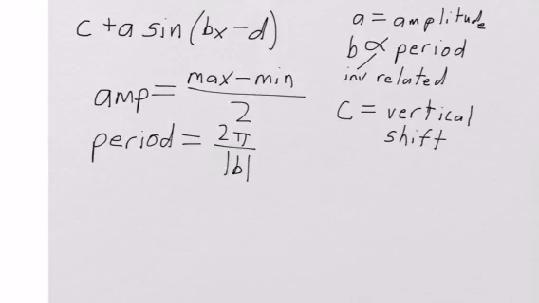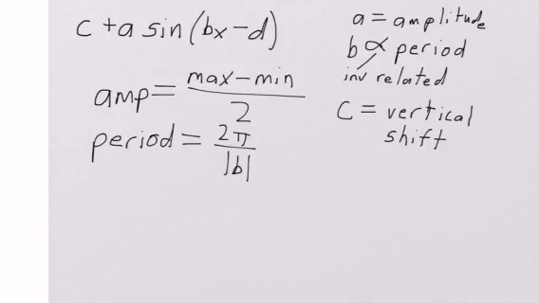And then the final thing we want to look at is what d does to the function. So that one we noticed, if I added bigger and bigger numbers inside the parentheses on this problem, that the graph shifted to the left. Well, we can think of it as positive numbers shifting to the left, but usually when we think of positive numbers in the coordinate plane on the x-axis, we're shifting to the right.